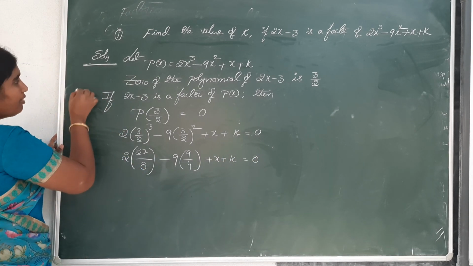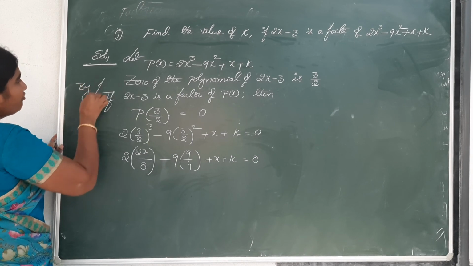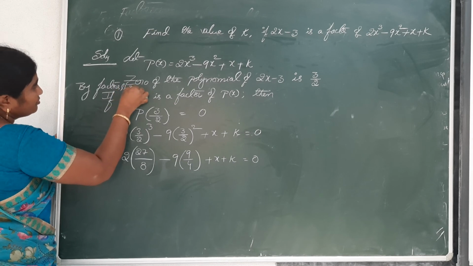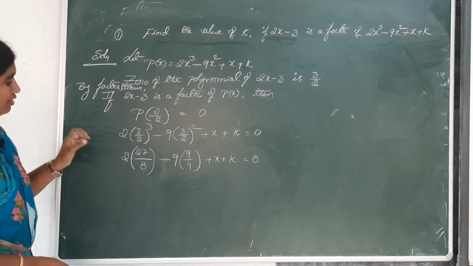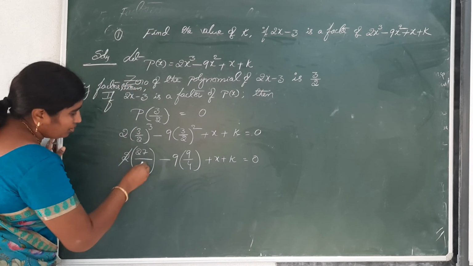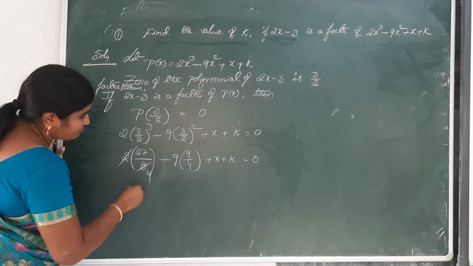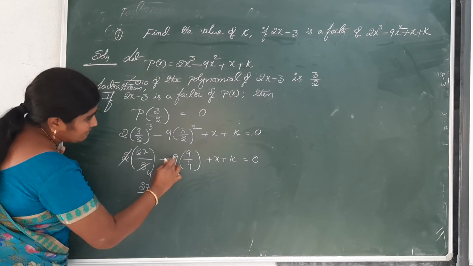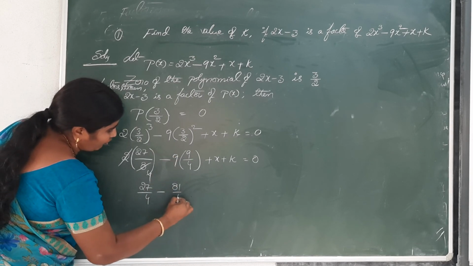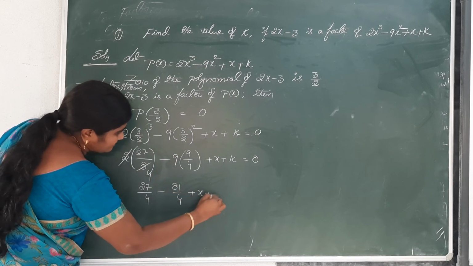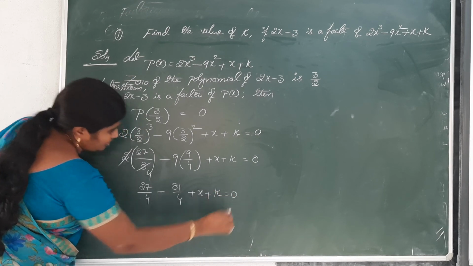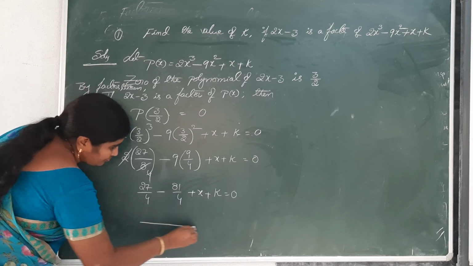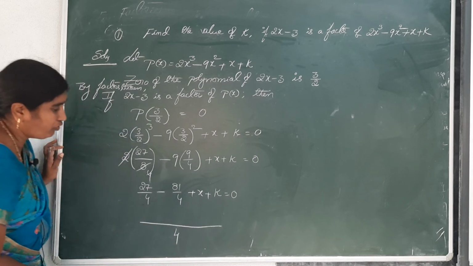By factor theorem, 2 into 27 by 8, 2 into 8 is 4, so 27 by 4 minus 9 nines are 81 by 4 plus x plus k equal to 0. Next, to find the LCM, LCM is 4.